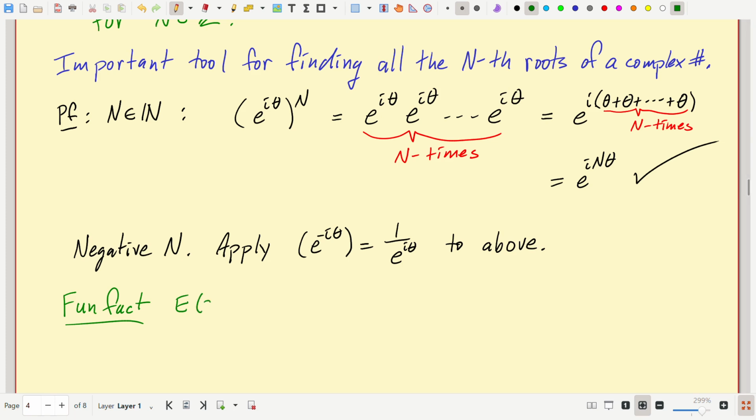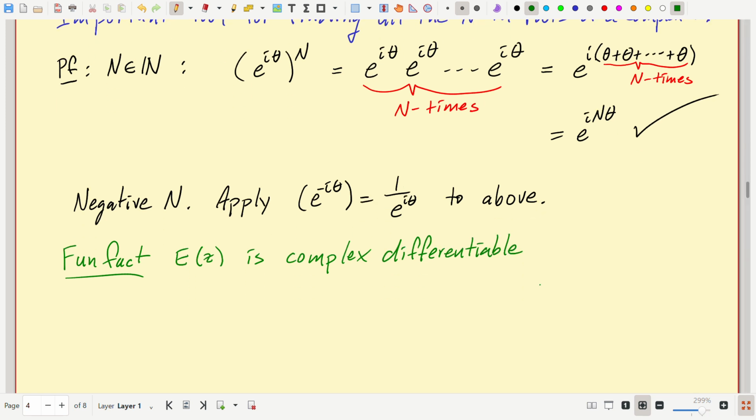E of z is complex differentiable, meaning that the limit, you take a difference quotient, the limit as z tends to a of the complex difference quotient, that would be e of z minus e of a over z minus a, exists.